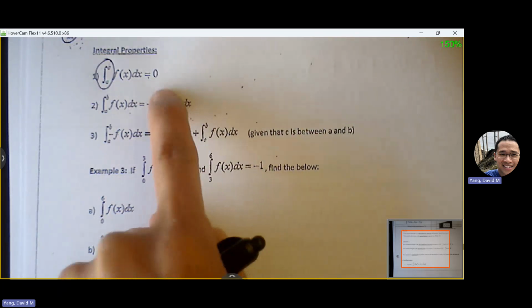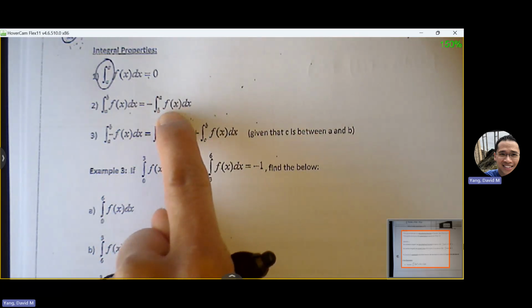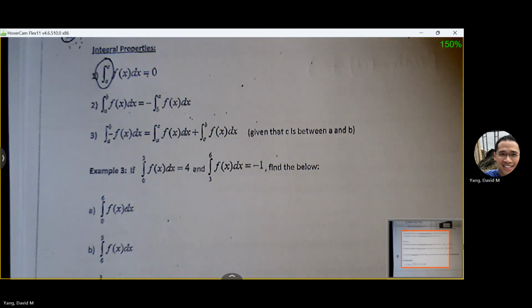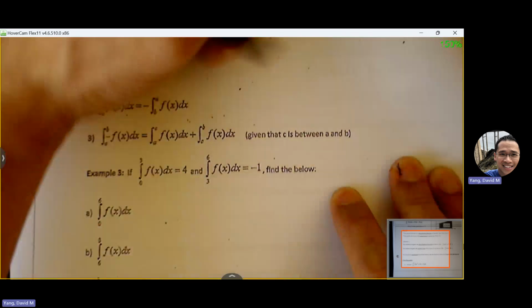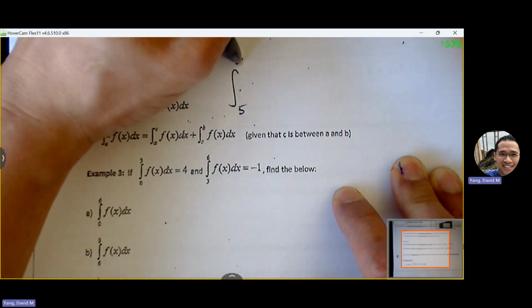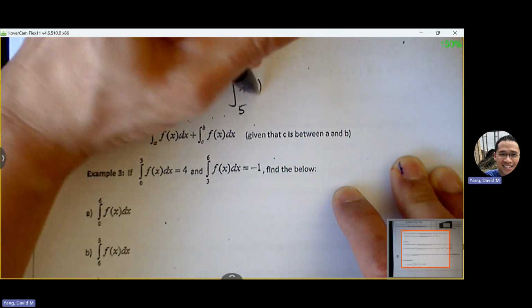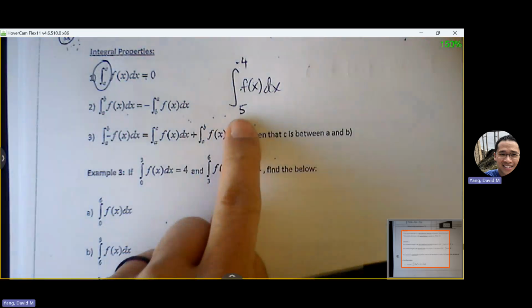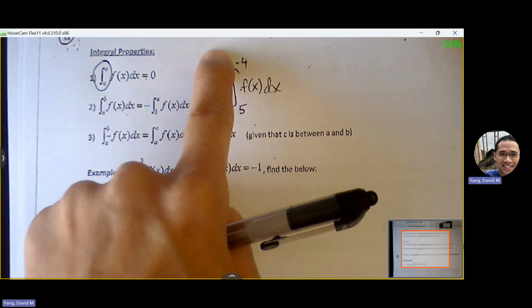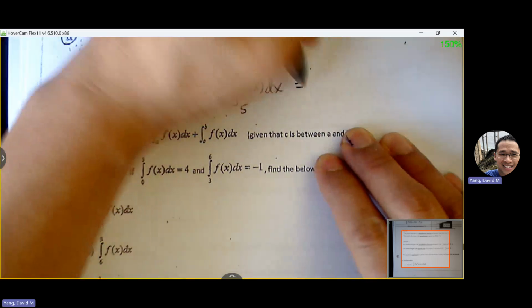But if you want to rearrange the bounds, you have to make an adjustment. That adjustment is pulling a negative out in front. For instance, let's say from 5 to -4 of f of x dx, and it's going backwards here, my lower bound is higher than my upper bound.